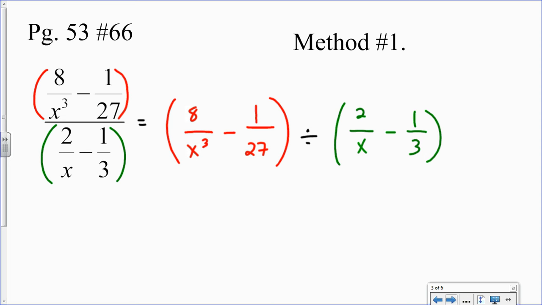Okay, so looking here, what is the LCD between x cubed and 27x cubed? Or x cubed and 27. Yeah, thanks. 27x cubed. All right. So I have to multiply this one by 27 over 27.